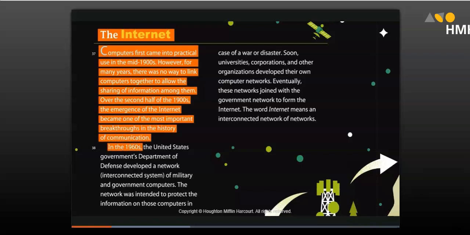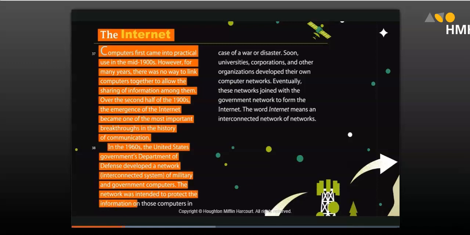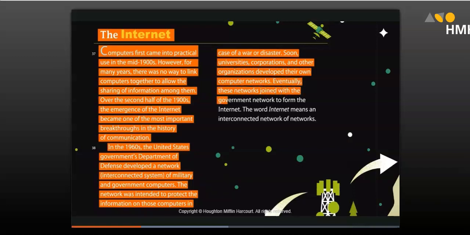In the 1960s, the United States government's Department of Defense developed a network, interconnected system, of military and government computers. The network was intended to protect the information on those computers in case of a war or disaster. Soon, universities, corporations, and other organizations developed their own computer networks. Eventually, these networks joined with the government network to form the Internet. The word Internet means an interconnected network of networks.